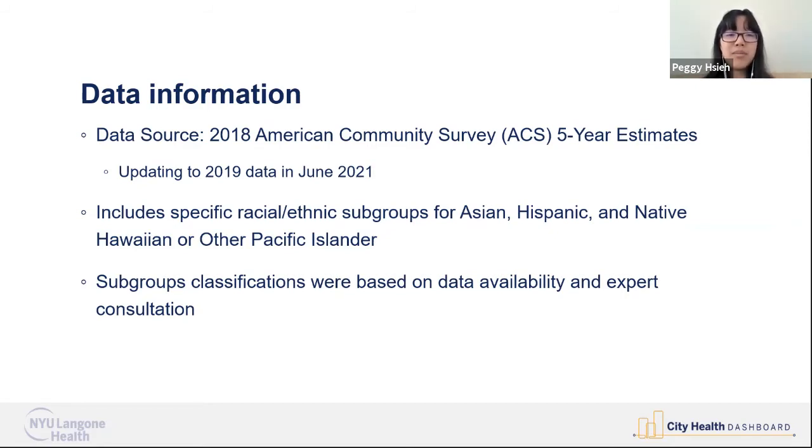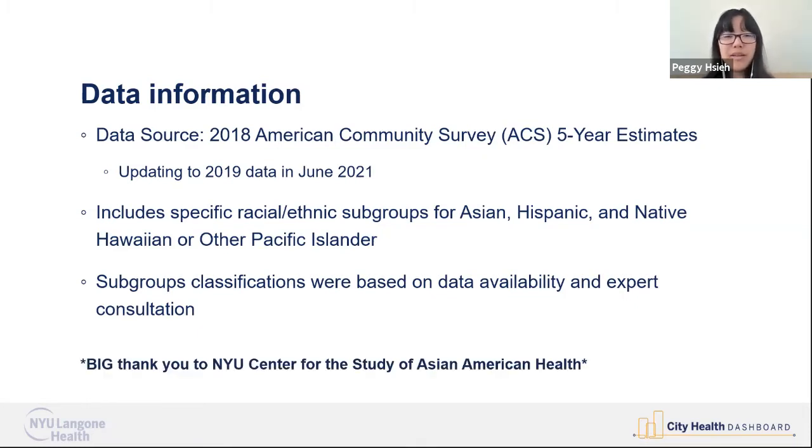And these subgroup classifications were based on data availability and expert consultation. And one of the groups that we partnered with to develop this is the NYU Center for the Study of Asian American Health. So we just wanted to give a big shout out to them for all of their guidance in the development of these maps.